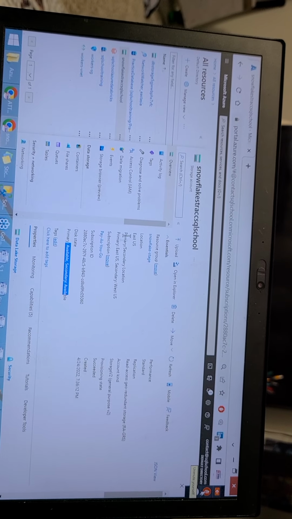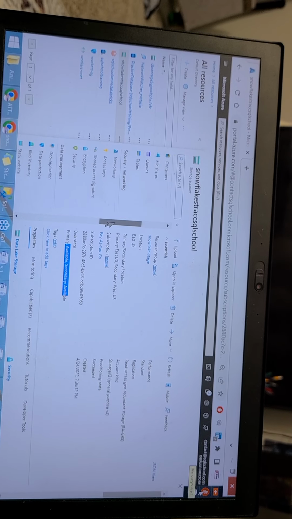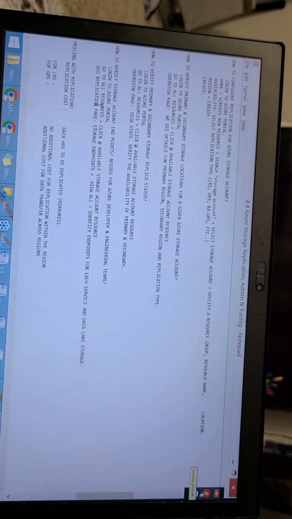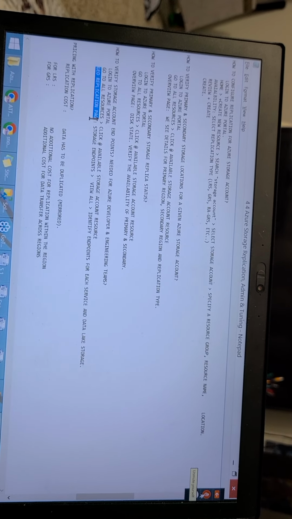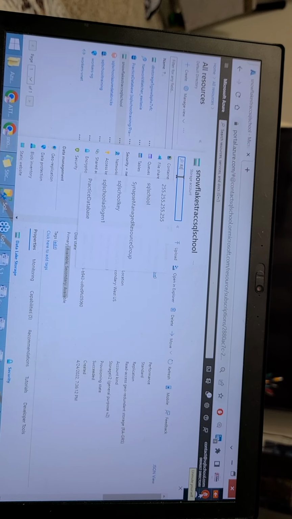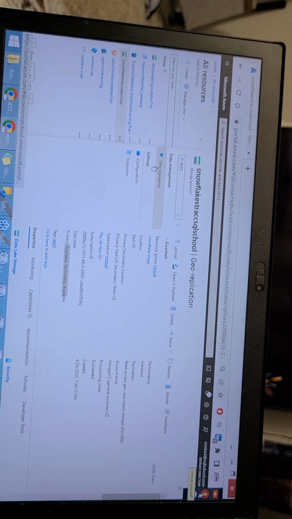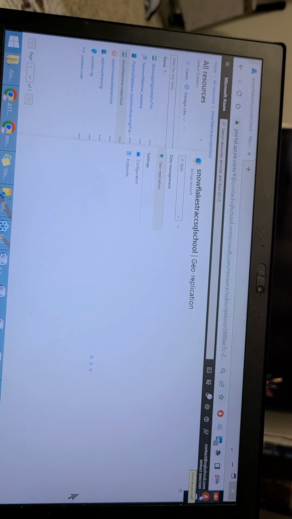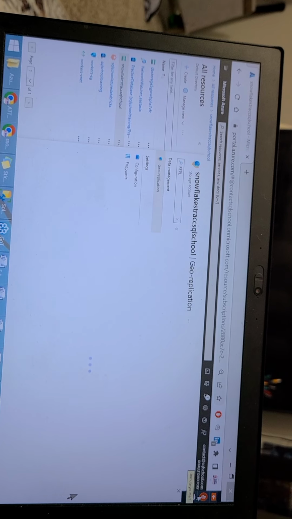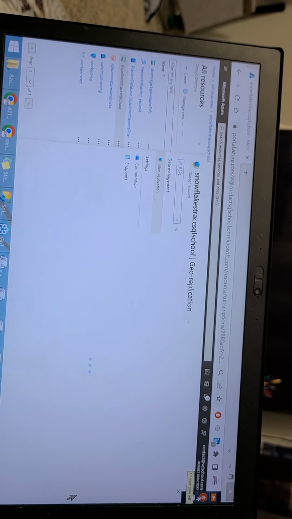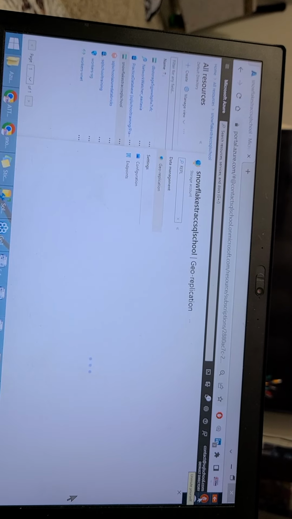Here it is, as per our notes. Go to the geo-replication page, the storage endpoint. It's taking a few moments to load.